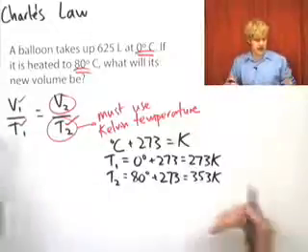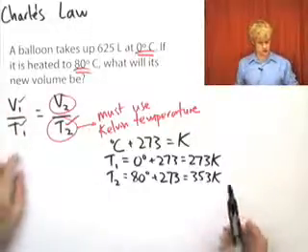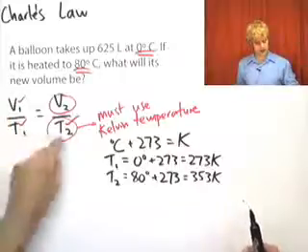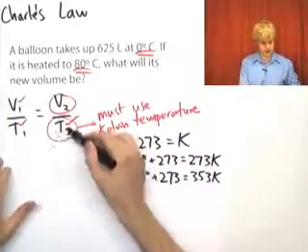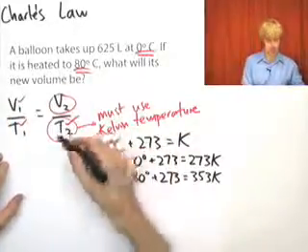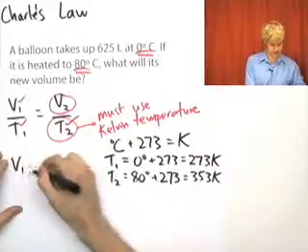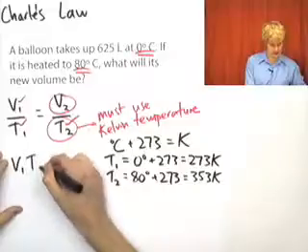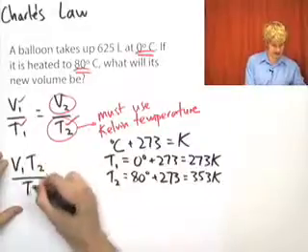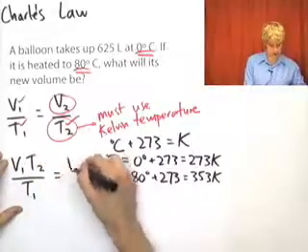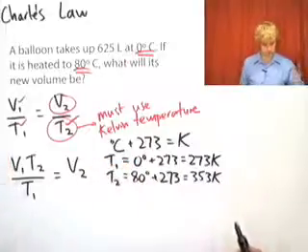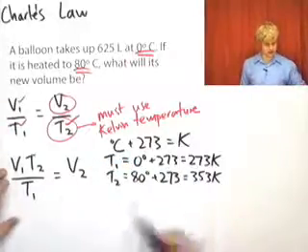Now, let's see how we can rearrange this equation. We know this guy and this guy, and we're solving for V2, so we're just going to move T2 up here, as if we're multiplying both sides by T2. So our equation becomes V1 times T2 divided by T1 equals V2. Let's go ahead and plug these values in.